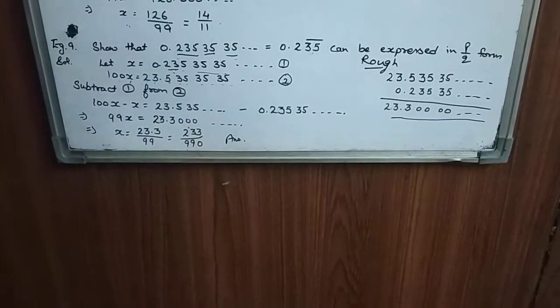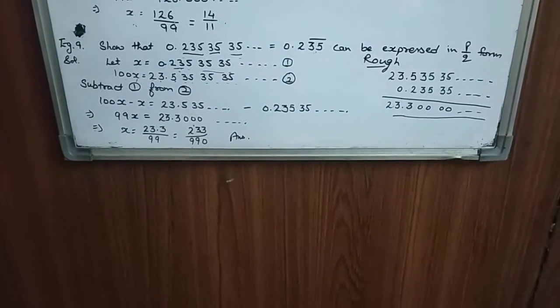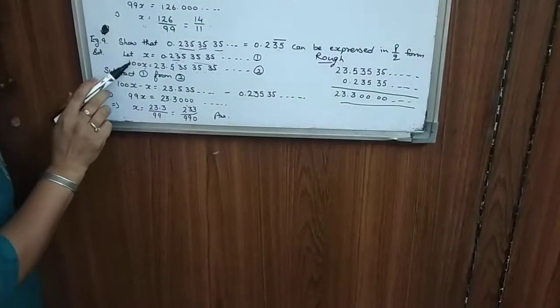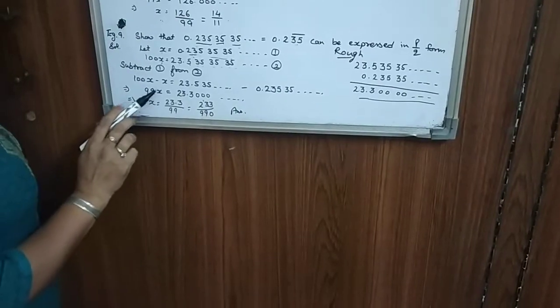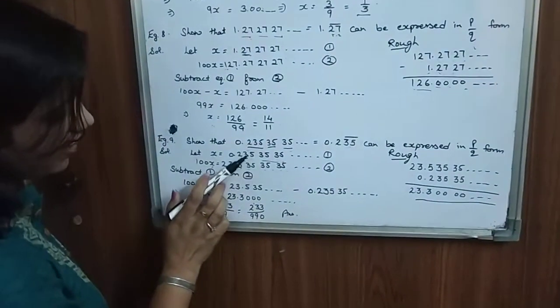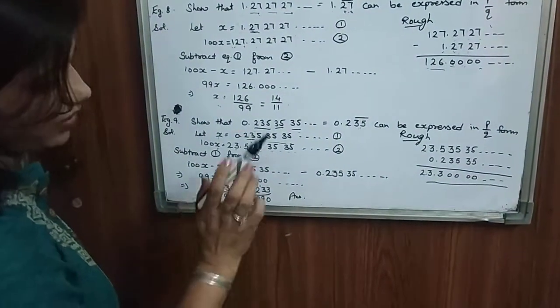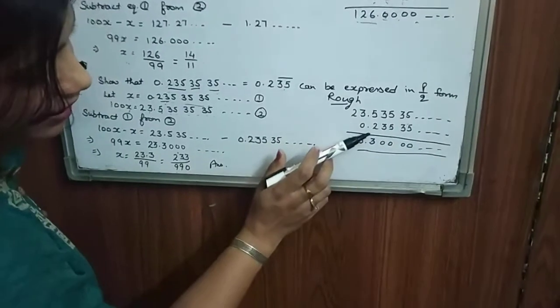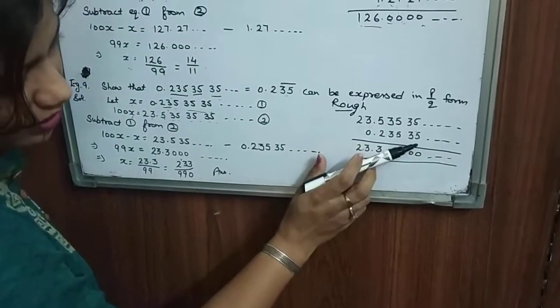Now what do we need to do? We have to subtract our first equation from the second. 100x minus x, we got 99x. 23.53535 minus 0.235. I have done it in rough here. This is the right hand side of our second equation, and this is the right hand side of our first equation.